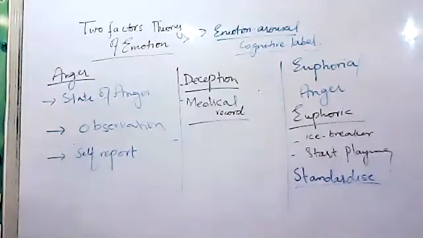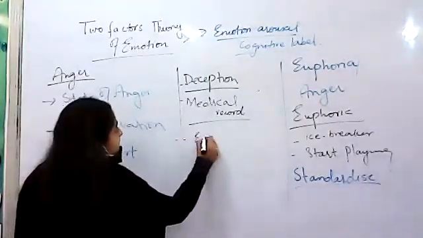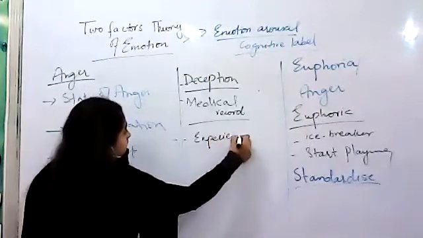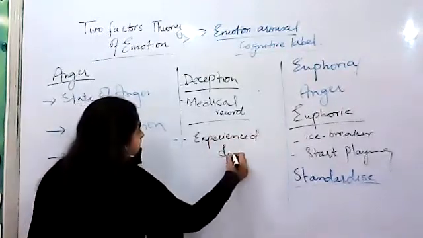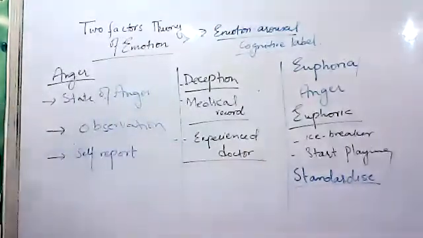The third thing that was standardized here was the experienced doctor, or practitioner. The injection was administered by an experienced doctor, an expert person, so the injection could be administered properly to avoid any seriousness in future.